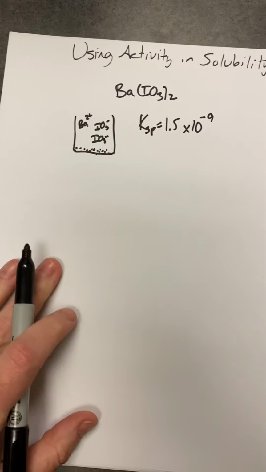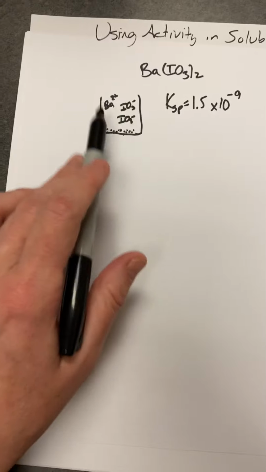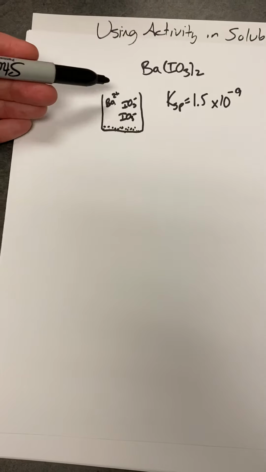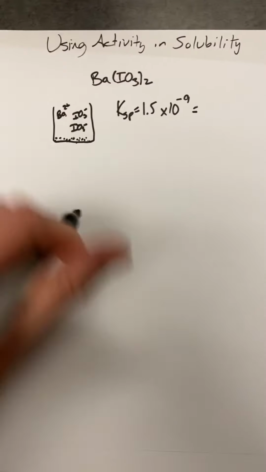So the KSP for barium iodate is 1.5 times 10 to the negative 9. And what that equals is the maximum concentration that these can possibly be in solution before they start falling out and making a solid.